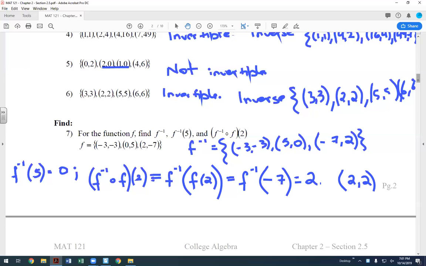Anytime you take a composition between the original function and its inverse, you are going to get an identity, which means you end up with those ordered pairs being the same. 2, 2, 3, 3, 4, 4, -1, -1, -5, -5. It's always going to give you an identity. And we'll actually look at a theorem for it here. Questions on 7? Okay.